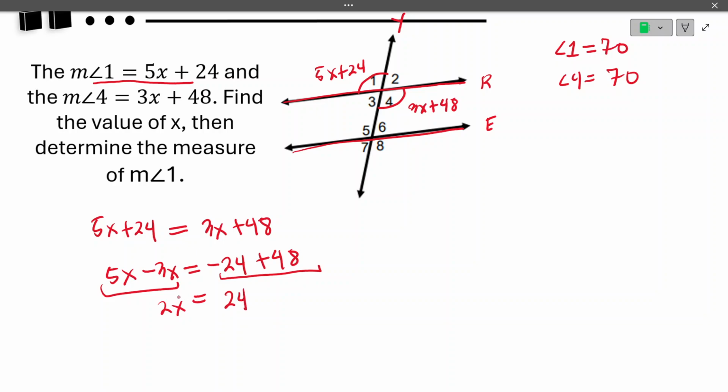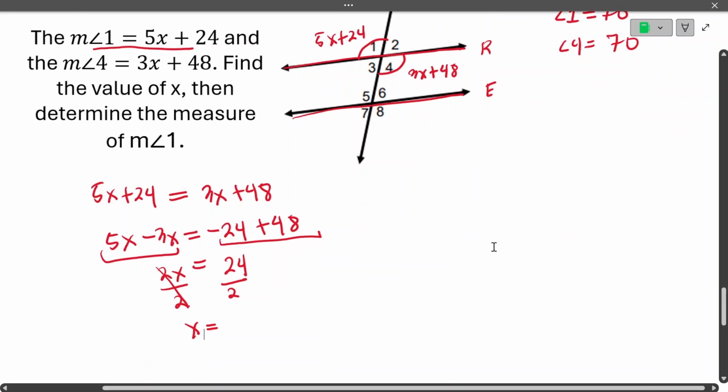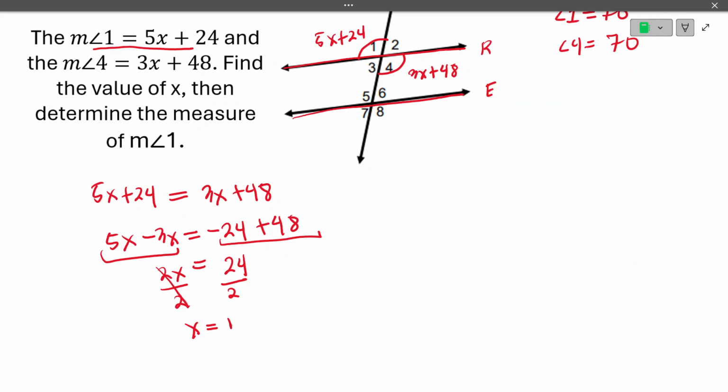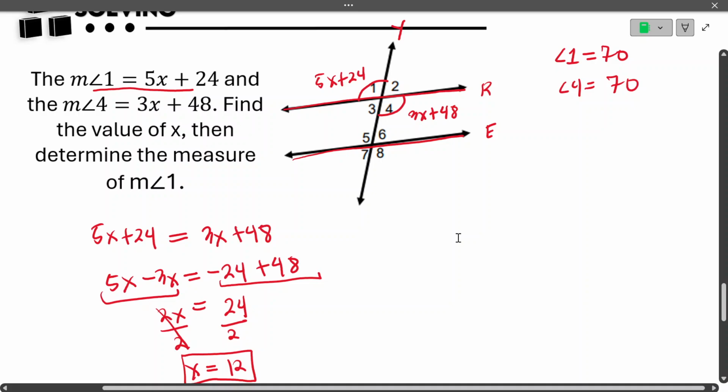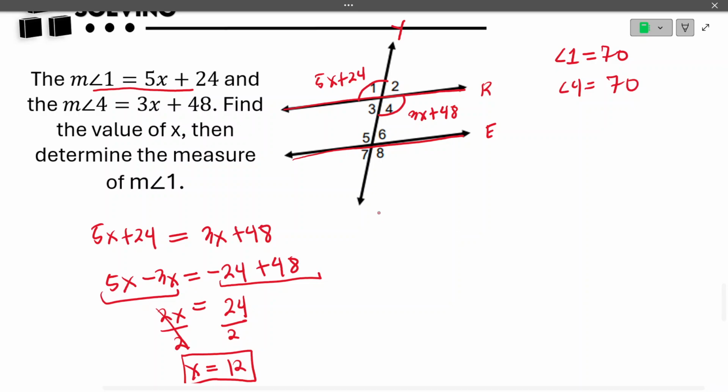24. Now, to isolate x from 2, we will divide both sides by 2 to cancel out 2. X is now 24 divided by 2, it's 12. Now we have obtained the value for x. Now we are ready to get the exact measurement for angle 1. This is our angle 1, and this is our angle 4. Whatever angle 1 is, that's also the measurement of angle 4.